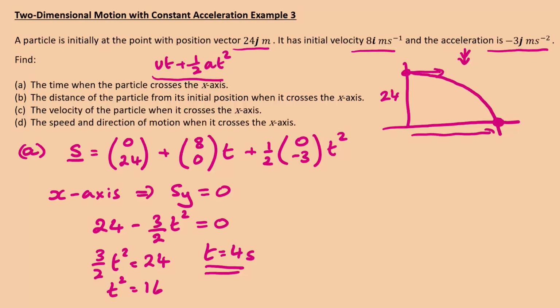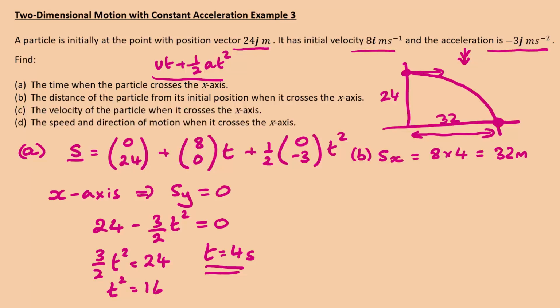So one of the things we're going to need here is this one. And so Sx, the x or i component of this, is going to be 8 times 4, which is 32 meters.